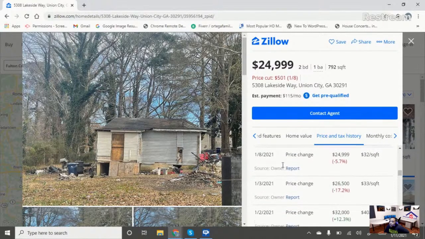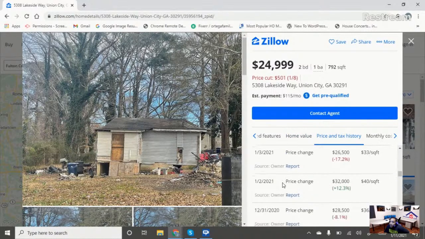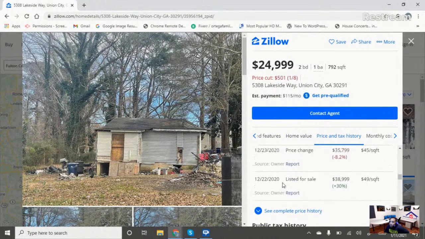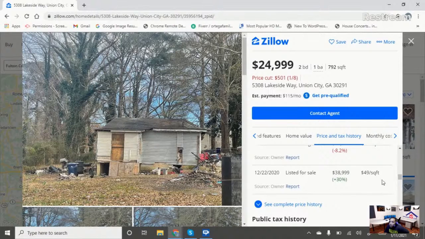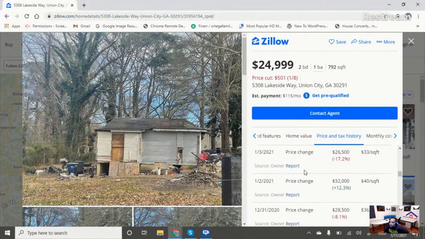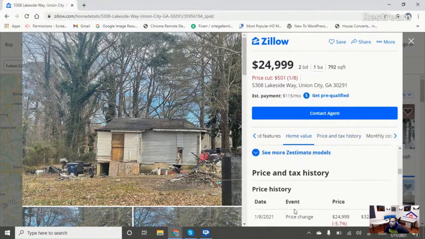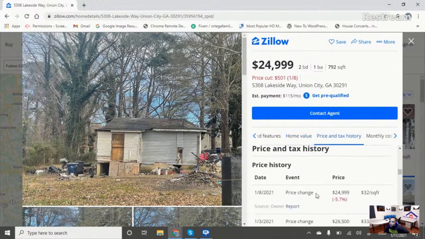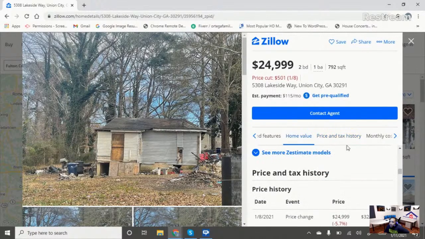So you want to study it. When you are working this, you really want to put on your detective hat and put a picture together based upon the information you have, right? So price and tax history is a great thing to look at.